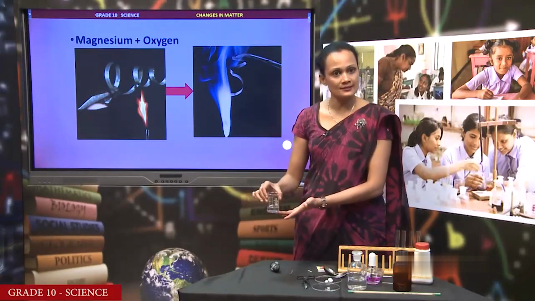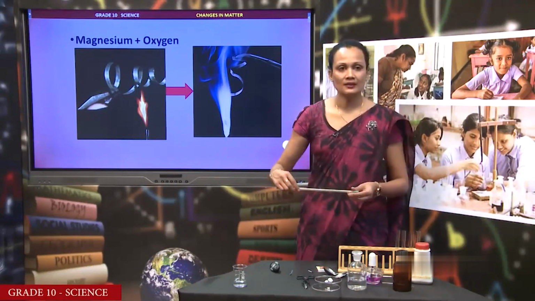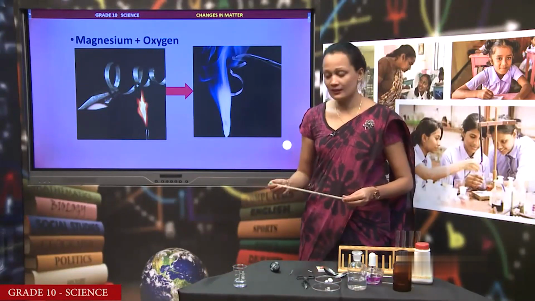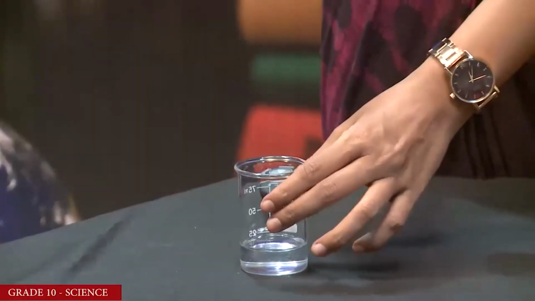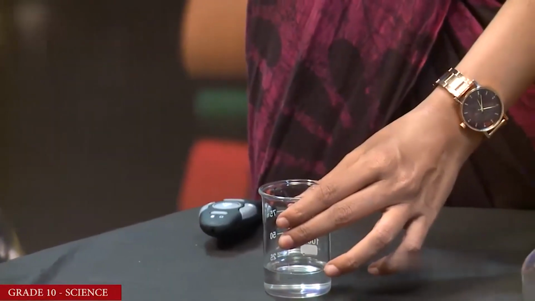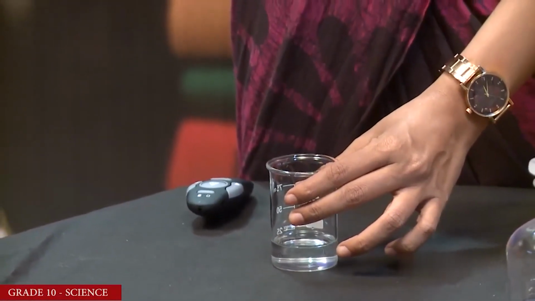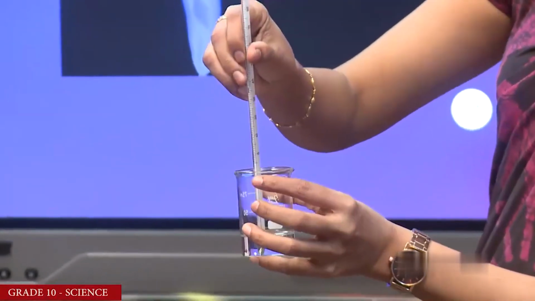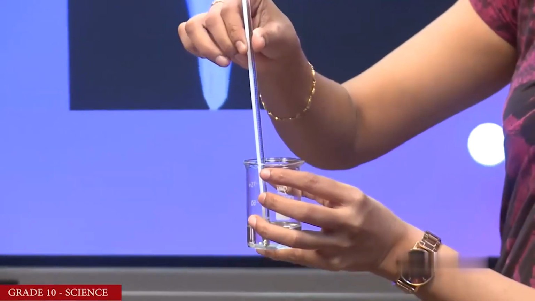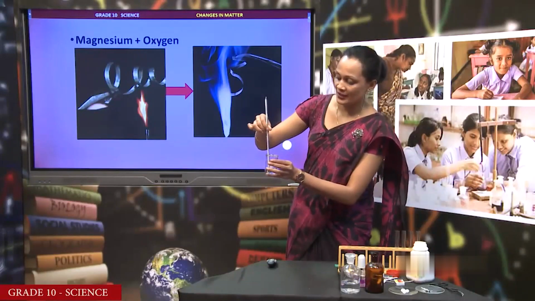It is colorless. Then I am using a thermometer to measure the temperature of the sulfuric acid. Let's see what the temperature of the sulfuric acid is. First I am keeping the thermometer in it, and I am going to get the temperature reading.